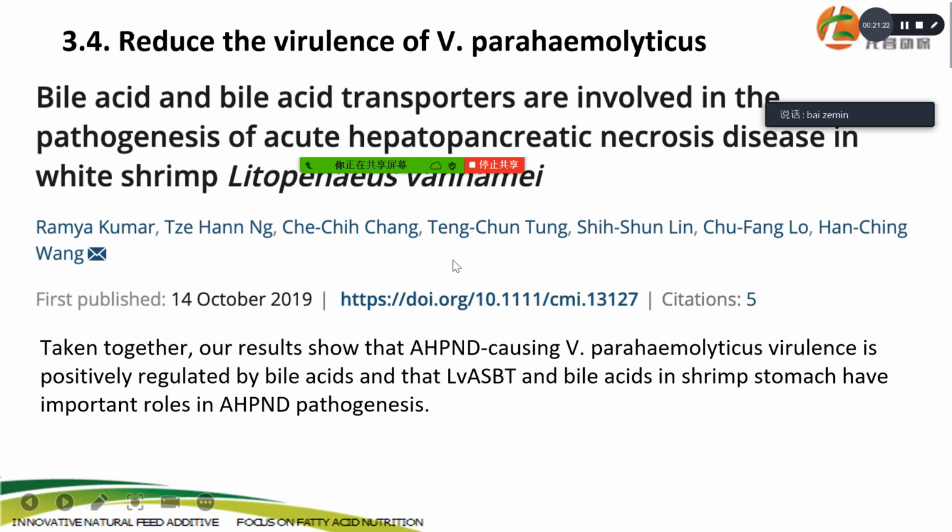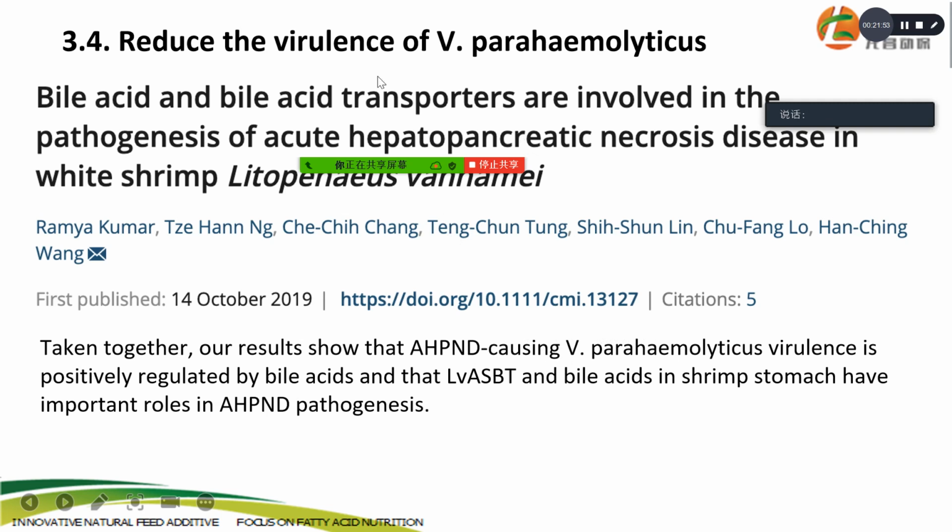And also some researchers found bile acid can reduce the virulence of Vibrio parahaemolyticus. This is very common in seawater culture. Usually it will cause AHPND, which is acute hepatopancreatic necrosis disease, especially for vannamei.